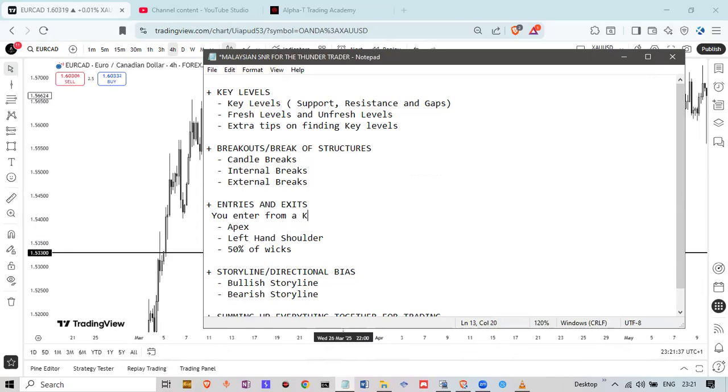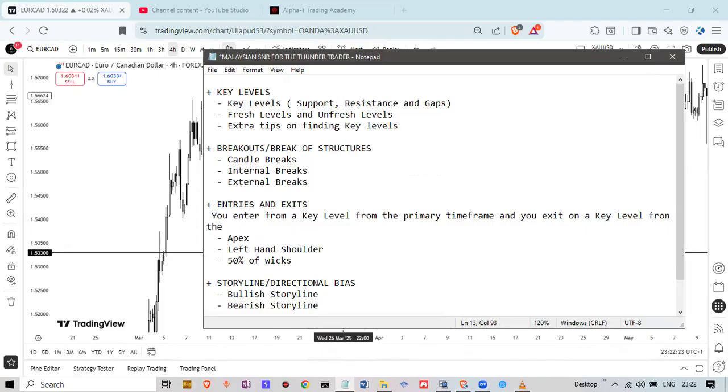If you enter from a key level, you enter from a key level from the primary time frame, and you exit on a key level from the primary time frame.